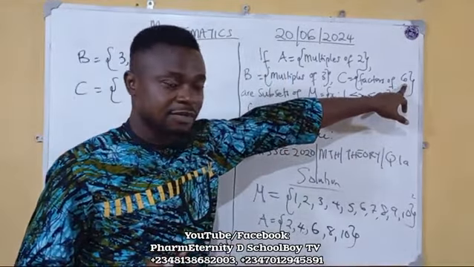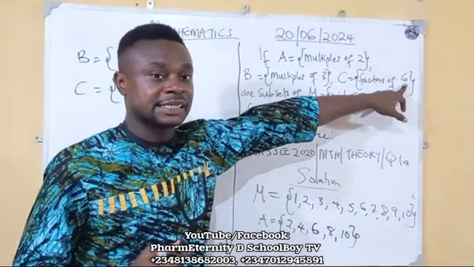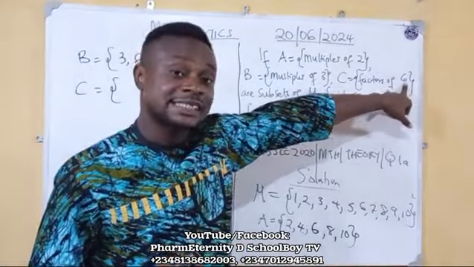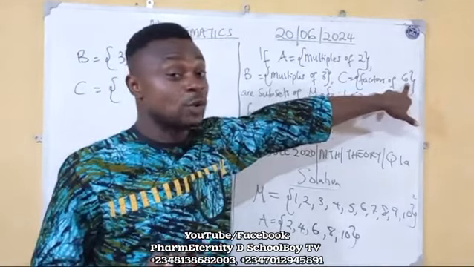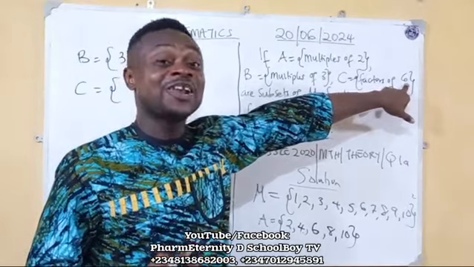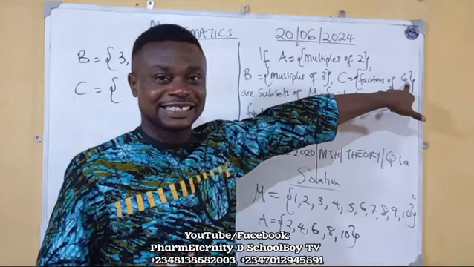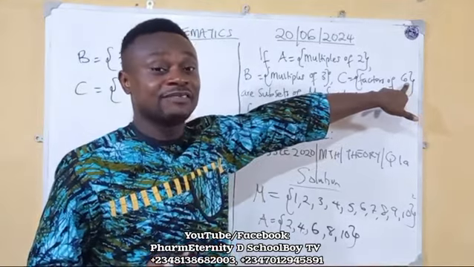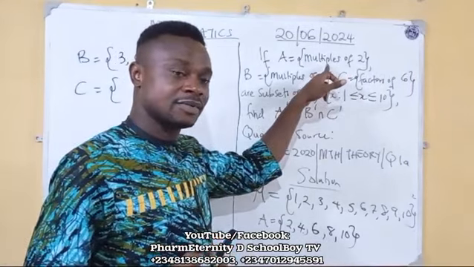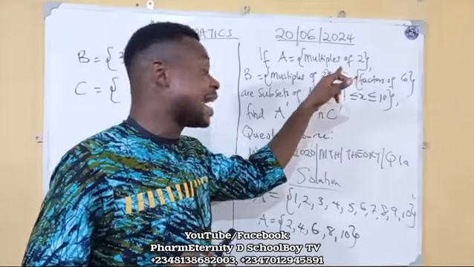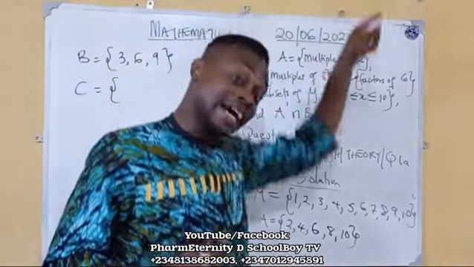Factors of 6 now. Let's use 6 as an example. Factors of 6 are those numbers that can divide 6 without remainder. So any number that can divide 6 without remainder is a factor of 6. Multiples of 2 are any number 2 can divide.